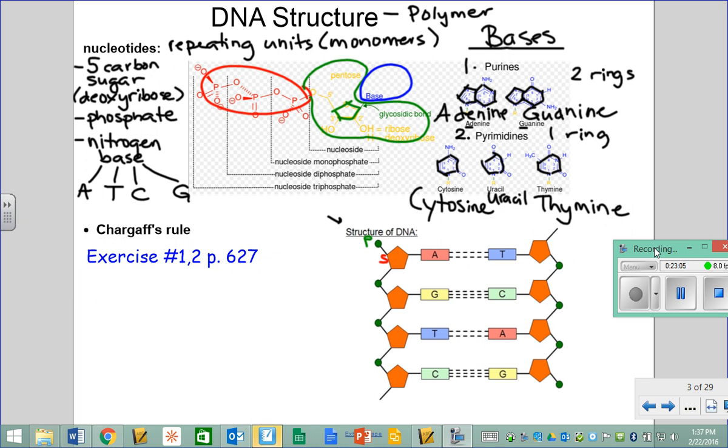So on this picture, the green circles are the phosphates, and the orangey colored pentagons are the sugars. And on both sides of a DNA molecule, those things alternate. Phosphate, sugar, phosphate, sugar, phosphate, sugar. They go in opposite order. So if I look at the other side, it starts with sugar and then goes phosphate. So they go in opposite order.